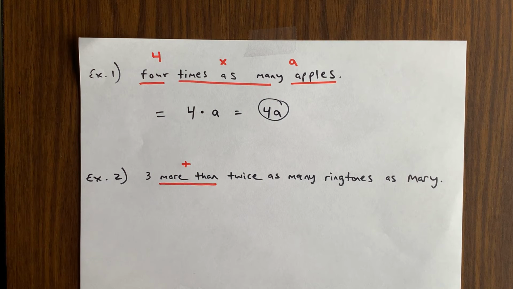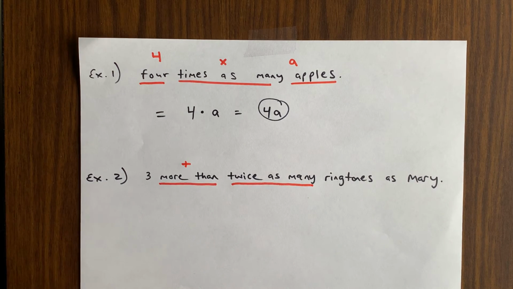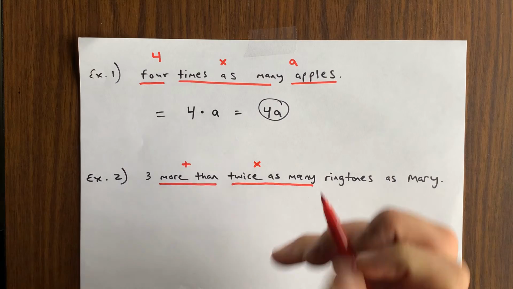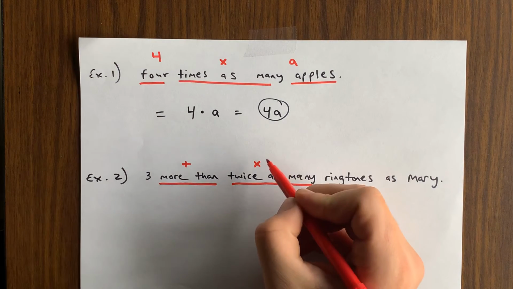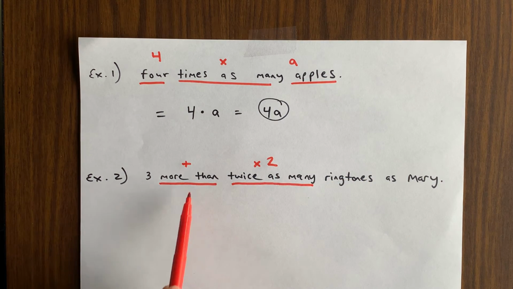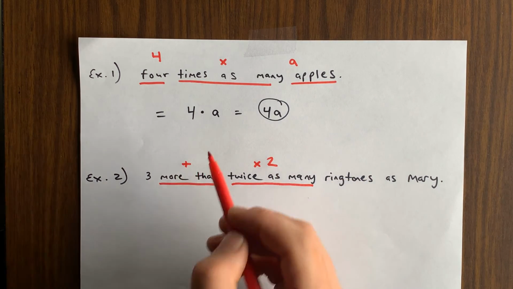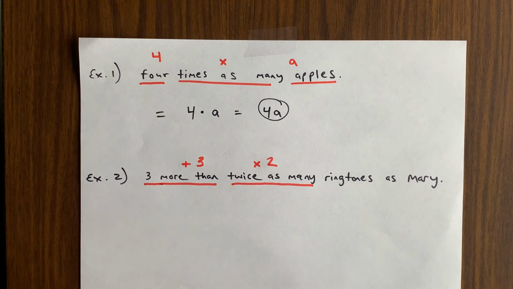And we should also have twice as many. That's going to tell us that we're going to be multiplying, specifically multiplying by 2, because it says twice as many. And I can even add plus 3, because it says 3 more than. Those are my 2 key math words, along with the operations and the numbers that the problem gives us.